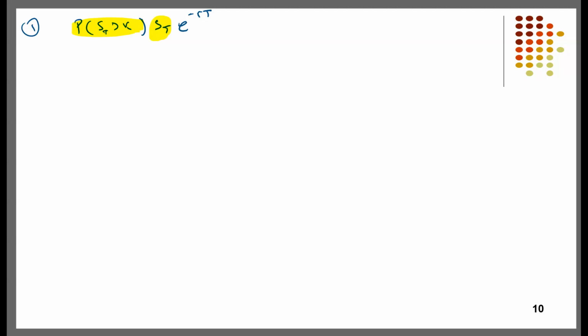So what do we have? Let's put this aside first, and let's work with this term here. Let's just take care of this term. What essentially is that term? We're going to start by substituting ST for its value.